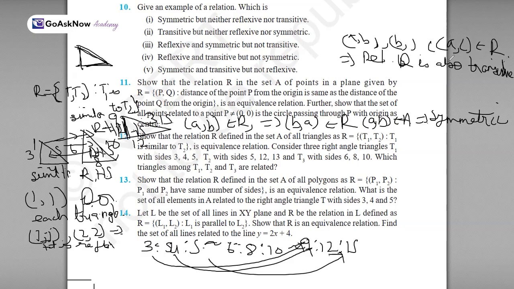So it is an equivalence relation. It is proved here that it is an equivalence relation.